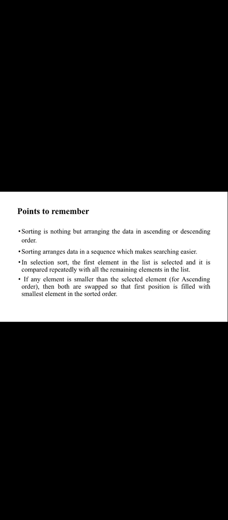In selection sort, the first element in the list is selected and it is compared repeatedly with all the remaining elements in the list. So in selection sort, first we consider the first element as a minimum element or in a position. Then we start comparing the first element with the rest of the elements in the list. If any element is smaller than the selected element, then both are swapped so that the first position is filled with the smallest element in the sorted order.